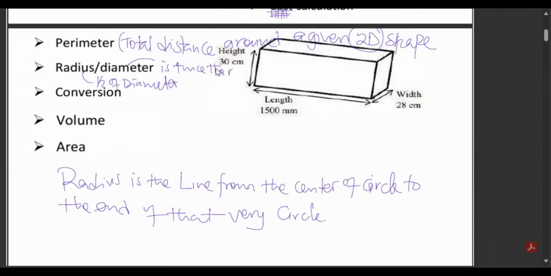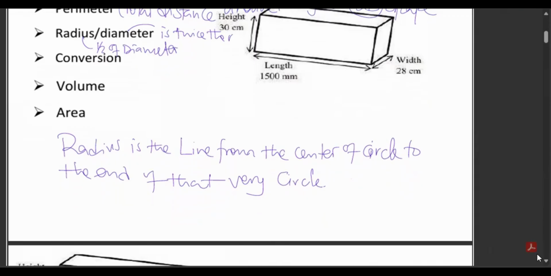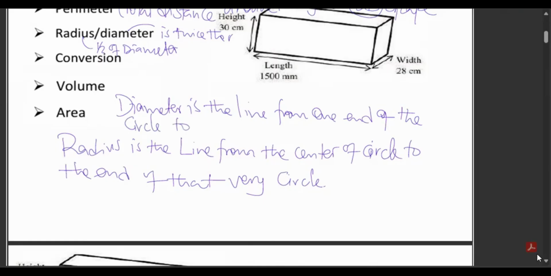You understand? Then diameter is the line from one end of the circle to another end through the center.